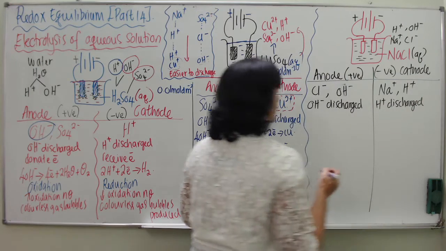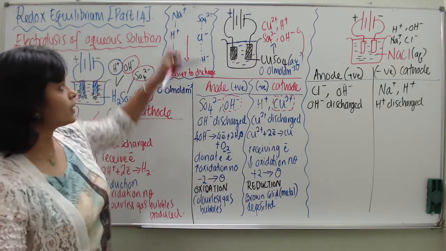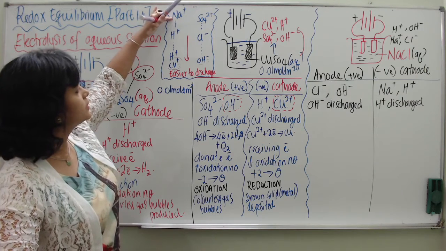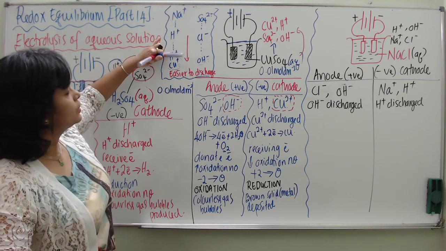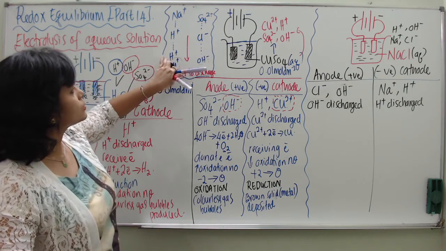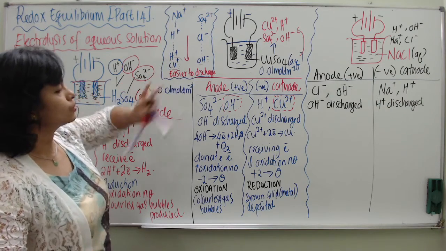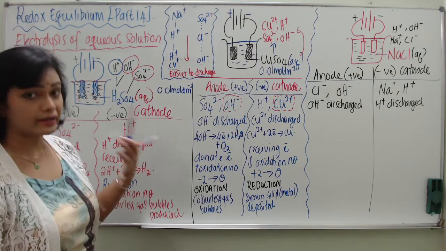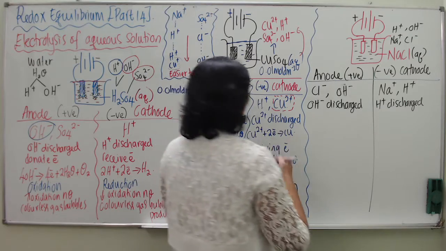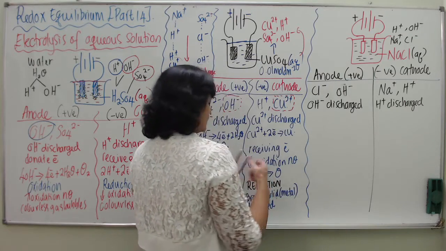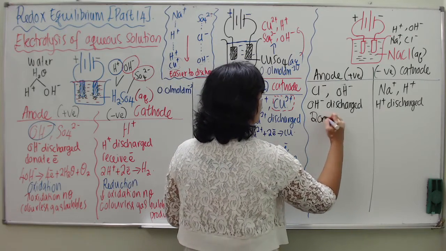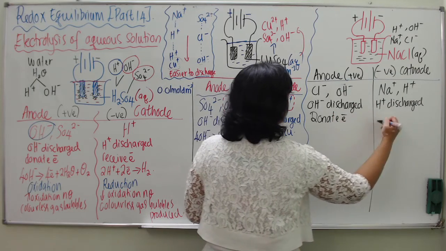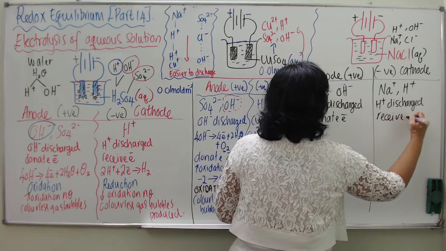Please check whether the position is correct or not. Can you see sodium ion is here, hydrogen ion is here. This shows that hydrogen ion is at the bottom. All right, now what happens? Donate electron, receive electron.